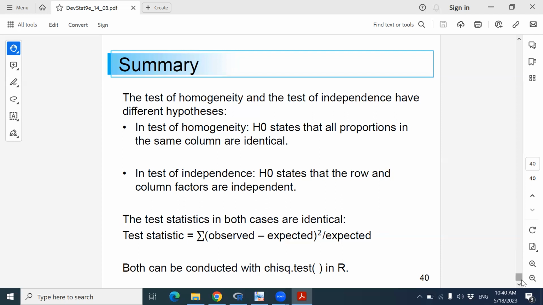And it will return the test statistic value, the degrees of freedom, and also the p-value. Generally, we pick up the p-value and compare it to the significance level. If p is less than the significance level, then we reject the null hypothesis. And when p is greater than or equal to the significance level, we say there's not enough evidence to reject the null hypothesis.